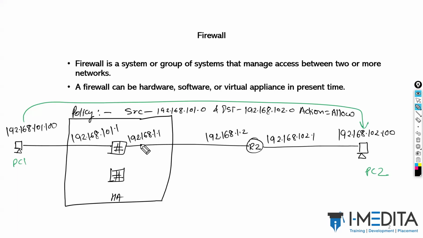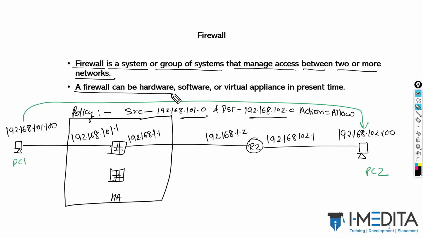According to this policy, this firewall will allow PC1 to communicate with PC2, but PC2 can't communicate with PC1. So the firewall is making it possible to decide which network can communicate with which one. A firewall can be a single device or a group of devices. So the same thing is mentioned here: a firewall is a system or group of systems that manages access between two or more networks.